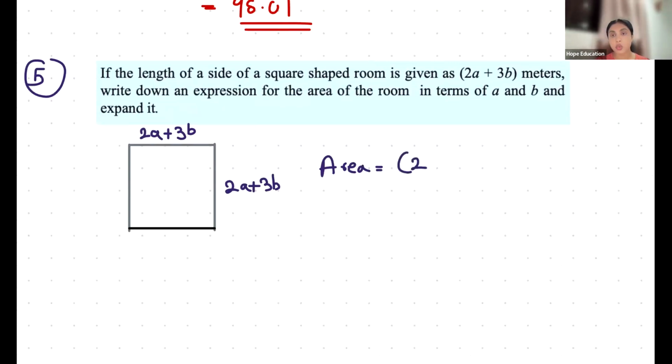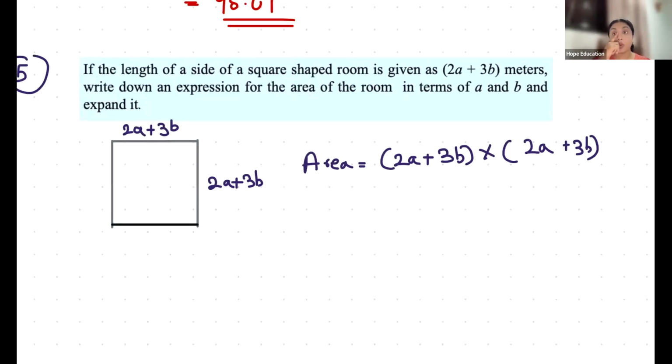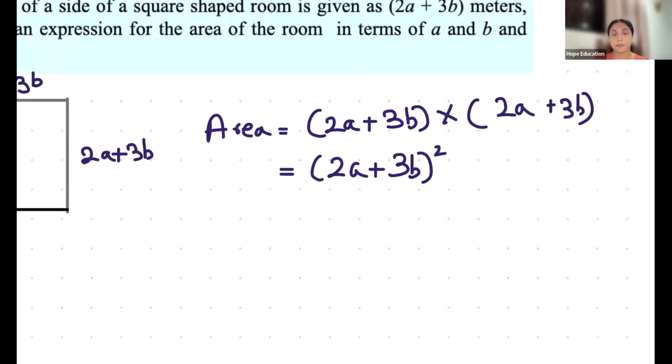Breadth is also 2a plus 3b. So length into breadth means we are multiplying 2a plus 3b twice. We can write this as 2a plus 3b squared. Now we have a square of a binomial expression. We just have to simplify it the usual way.